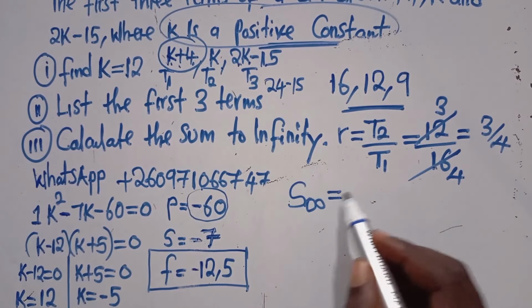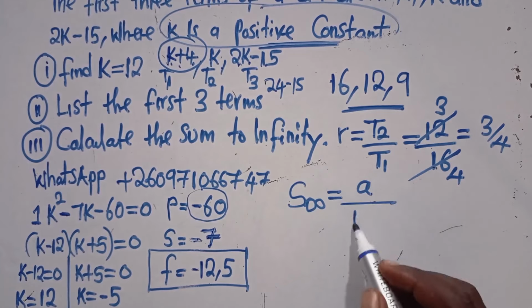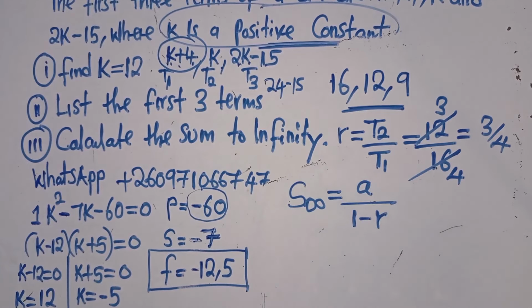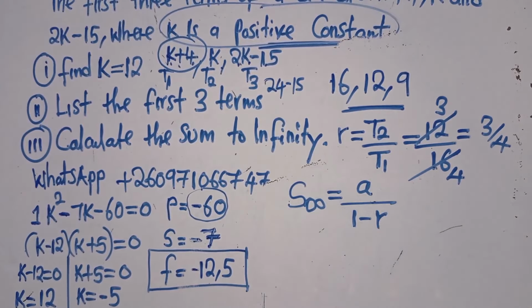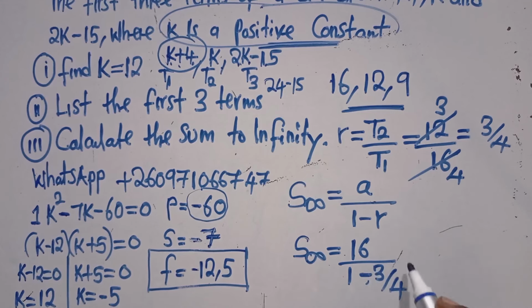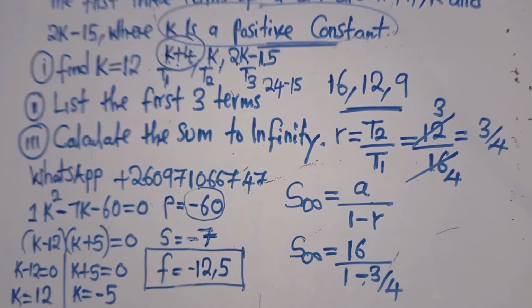Then from there, the formula for sum to infinity is a over 1 minus r. You know that if the modulus of the common ratio is greater than 1, it means that there is no sum to infinity. So sum to infinity is equal to, first term there is 16 over 1 minus 3 over 4. This can also be simplified.